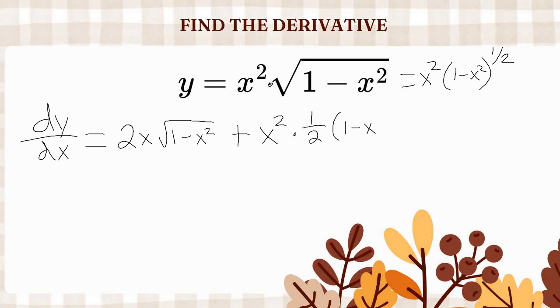I leave all of my inside stuff the same. And then I have a negative 1/2. 1/2 minus 1 gives us negative 1/2. And then we still have to take care of our inner layer. What is the derivative of 1 minus x squared? Negative 2x.